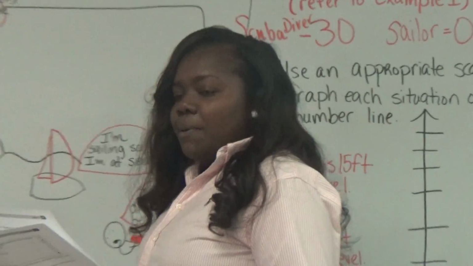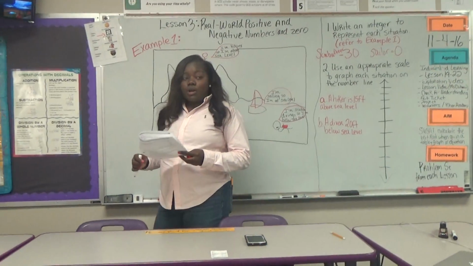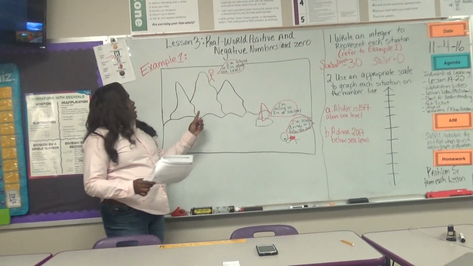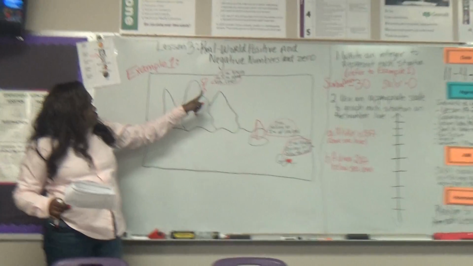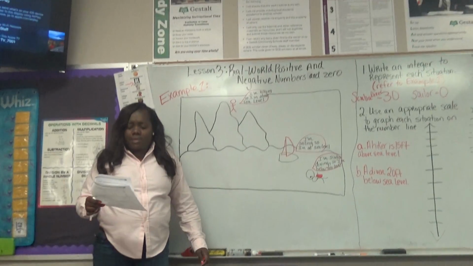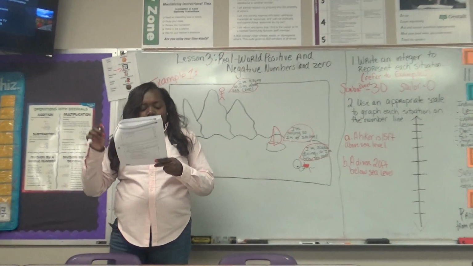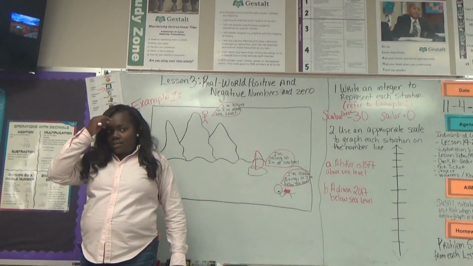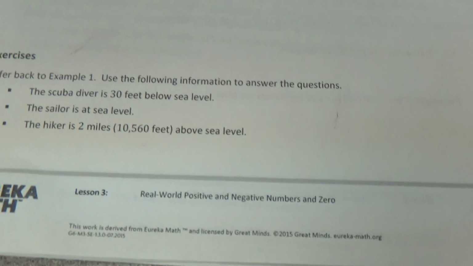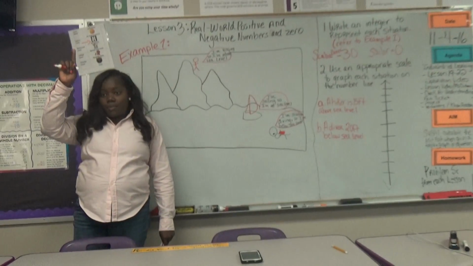All right, the last person that we have to represent an integer for is our hiker. Think about our hiker who's up here on the mountain without any ropes and things. He's just standing up there. The hiker went how far up? Ariel, how far up did the hiker go? 2 miles. The hiker went 2 miles up, right?